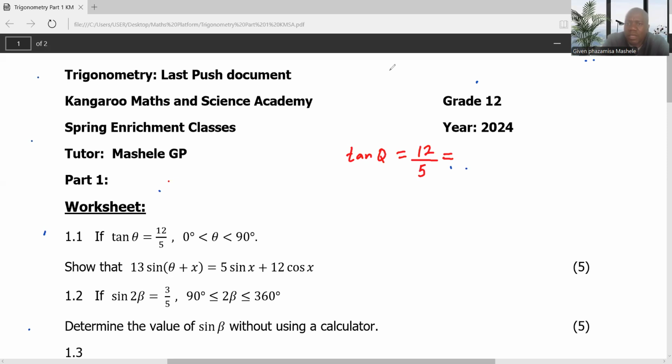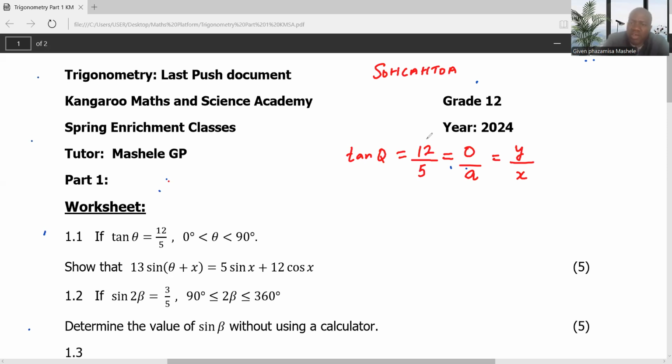In terms of SOHCAHTOA, tan is opposite over adjacent. And we know opposite is the same as y, adjacent is the same as x. Now, first of all, let's check the sign of our ratio.